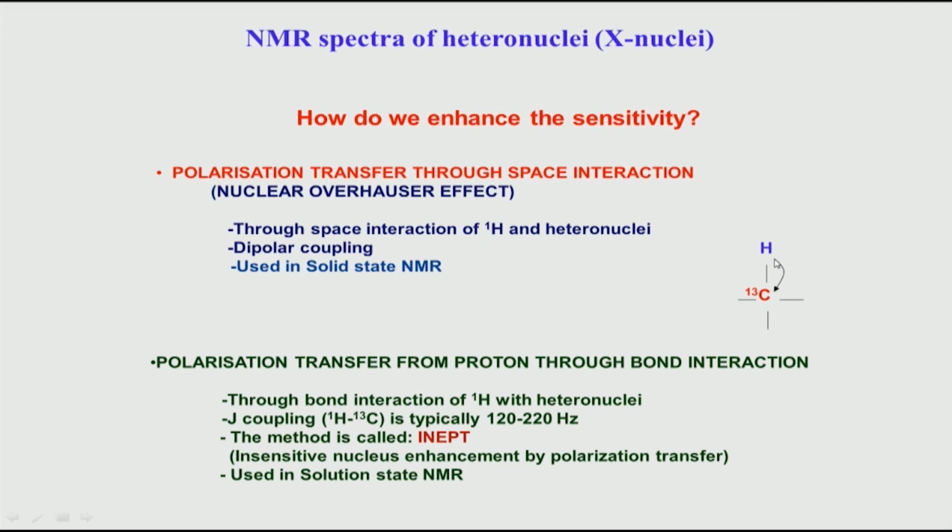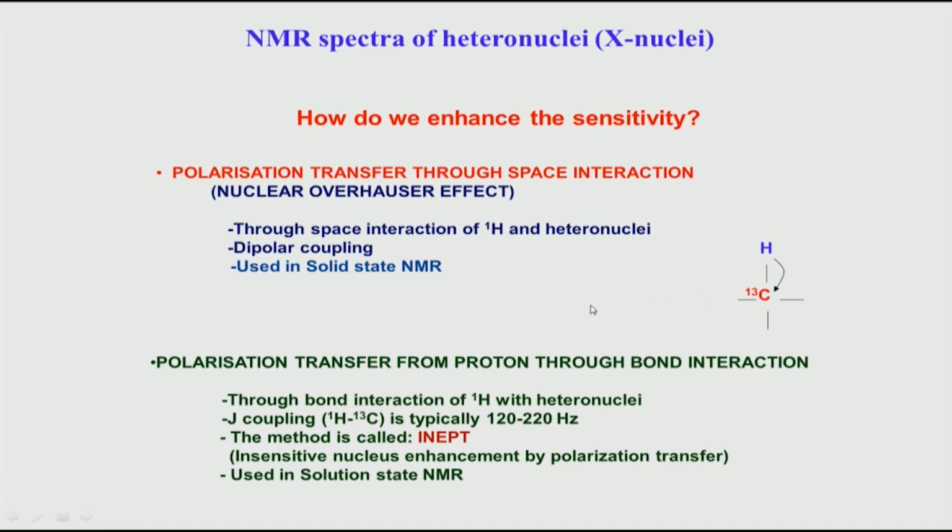There is a mechanism by which you can use J coupling, but we will call this whole process a single word, INEPT, and we will assume that by INEPT we can achieve this transfer, which is possible. But how INEPT exactly works at a microscopic level, we cannot go into detail in this course. This is a typical step or method used in solution state NMR to transfer polarization from one nucleus to another nucleus.